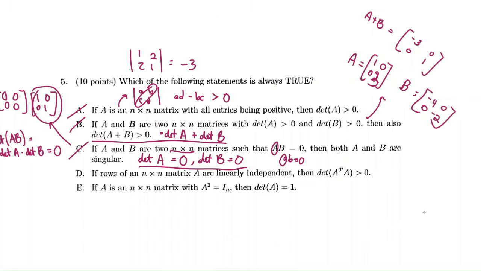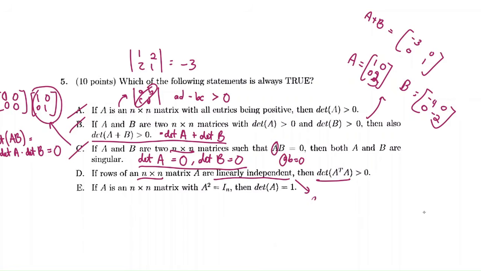On part D, you have: the rows of an n-by-n matrix A are linearly independent. The determinant of A transpose times A is greater than 0. So first clue is that the rows of A are linearly independent, which means that it's invertible because it's also an n-by-n matrix.